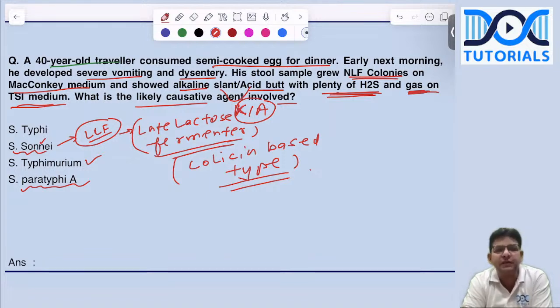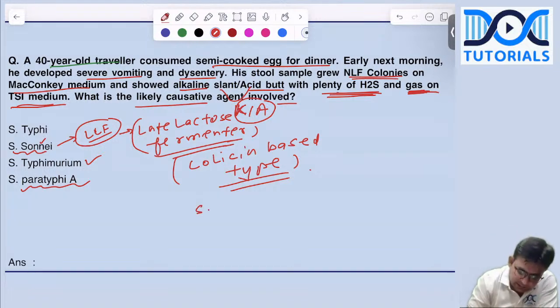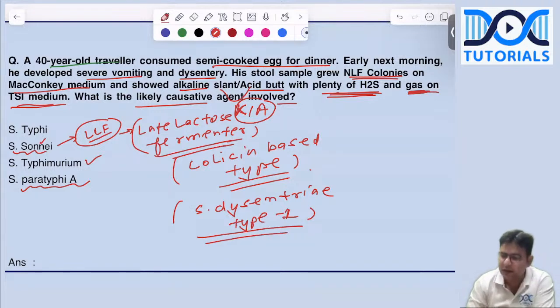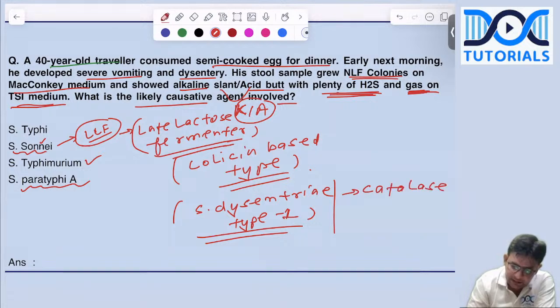Shigella dysenteriae type 1 is the organism which goes against the family. In what sense does it go against the family? Everybody says that they are catalase positive; this one is catalase negative.